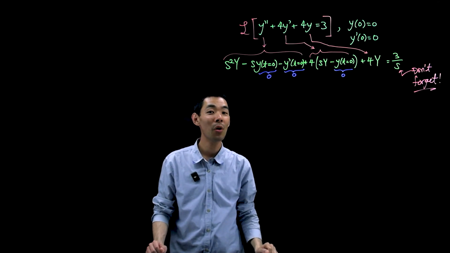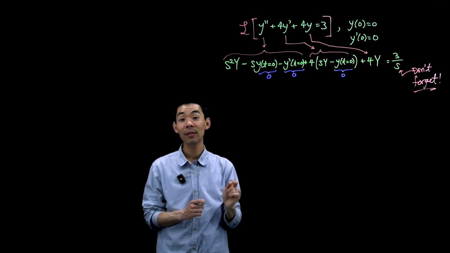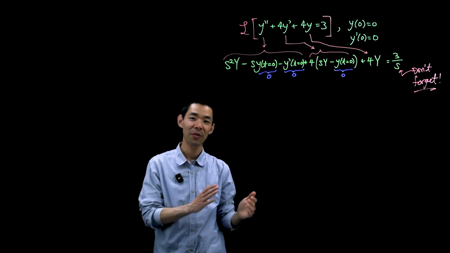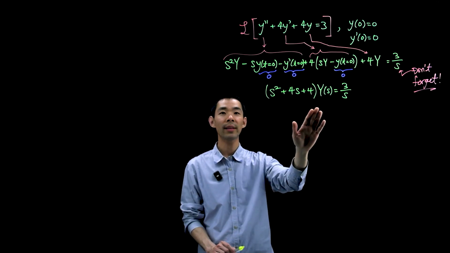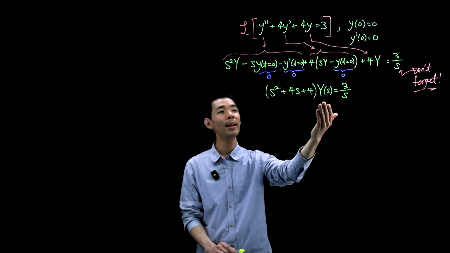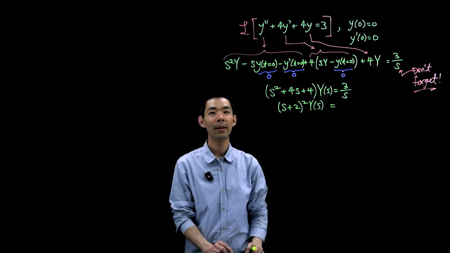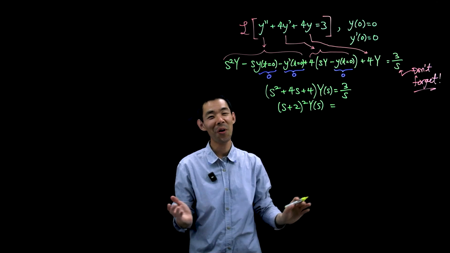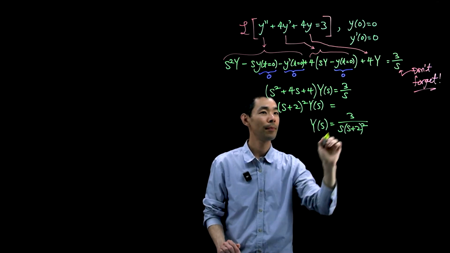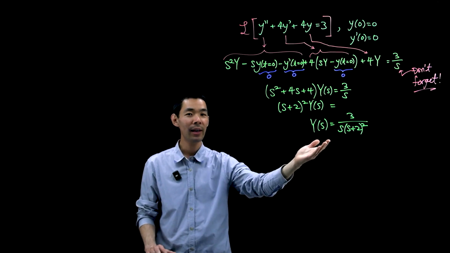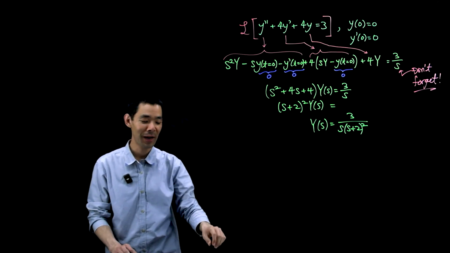So those terms all go away, and ultimately all we have is an algebraic equation for the function capital Y as a function of s. Let's write it down. It will look just like this, where I factored out the capital Y, and this we can rewrite just like that. And therefore, our solution for capital Y is just this. So, because we have this, we like to use partial fractions. Let's use partial fractions.